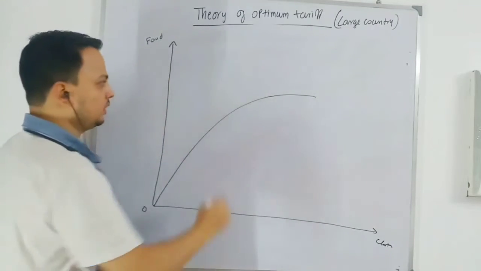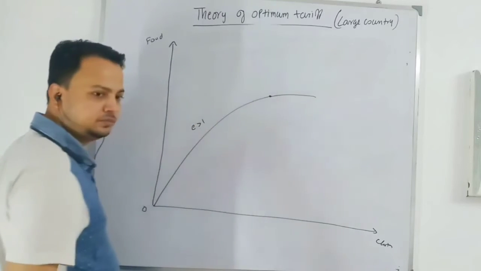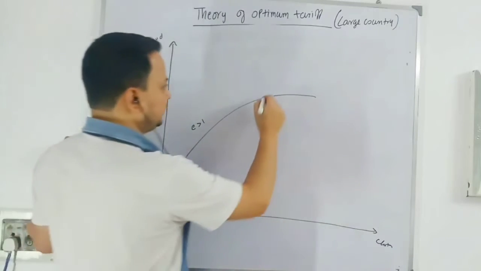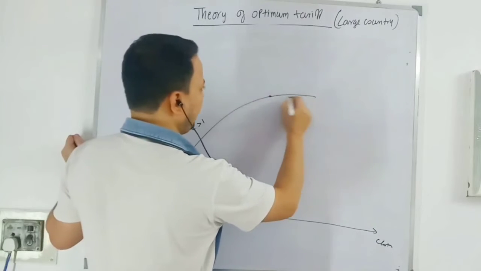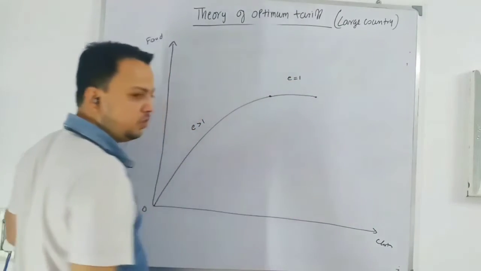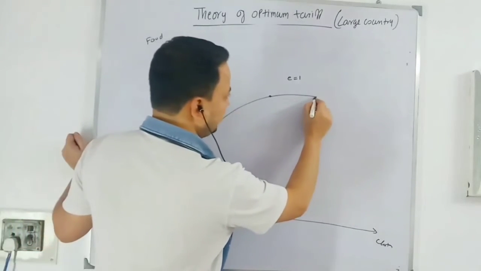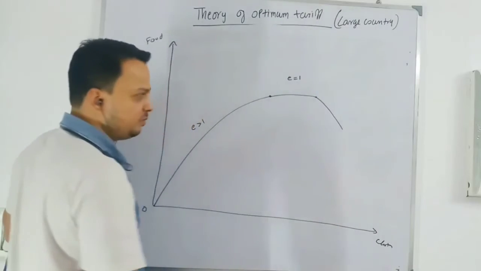Up to this point, elasticity is greater than 1. From here to here, elasticity is 1, when the offer curve of the foreign country is not changing. Then it becomes inelastic, that means less than 1.